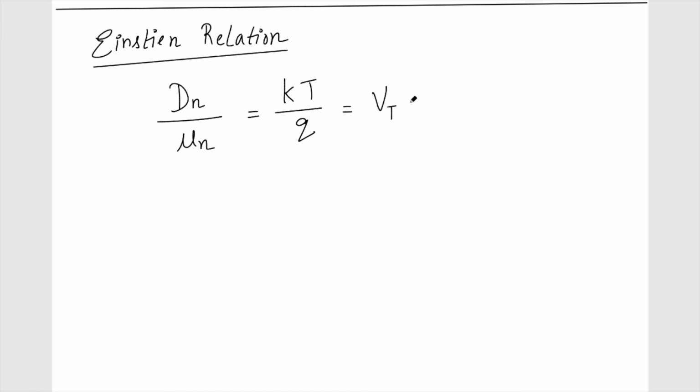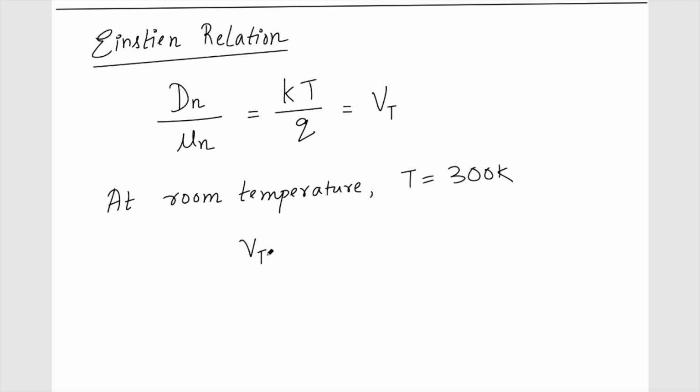And this Vt, if we find out at room temperature, T equal to 300 Kelvin, happens to be approximately 26 millivolt. So we need to remember this value, because this Vt at room temperature will come again and again, especially when you are discussing the p-n junction diodes.